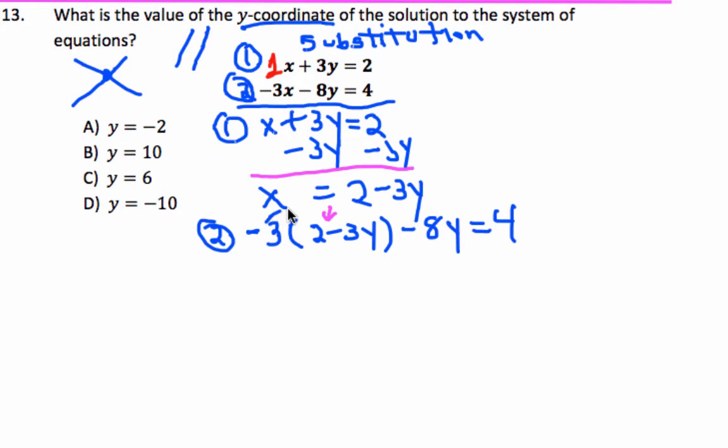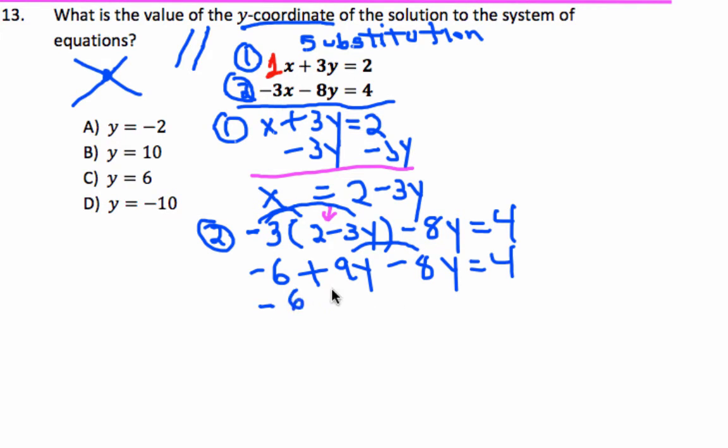So first we have to distribute. So negative 6 plus 9y minus 8y equals 4. We combine like terms. 9y take away 8y is simply 1y or y.